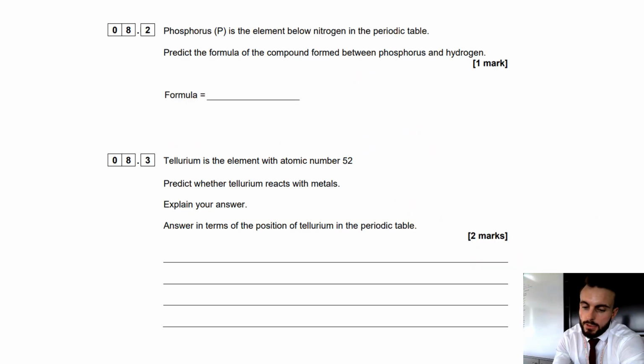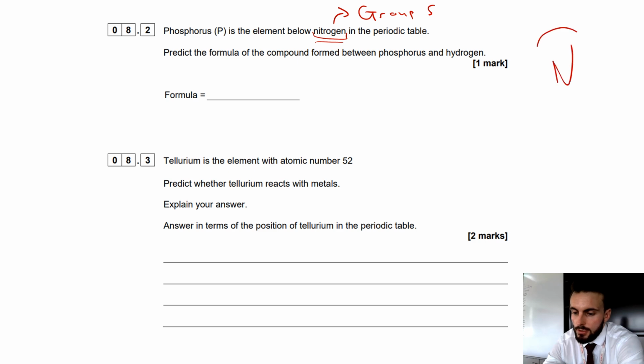Phosphorus is the element below nitrogen in the periodic table. Nitrogen, first off, I'm thinking is in group 5, so it's going to be similar. Predict the formula of the compound formed between phosphorus and hydrogen. It gives you the clue: it's in the same group as nitrogen. You may have seen this one before, where nitrogen has 5 electrons, it needs to gain 3 to get a full shell, and hydrogen only needs to gain 1.